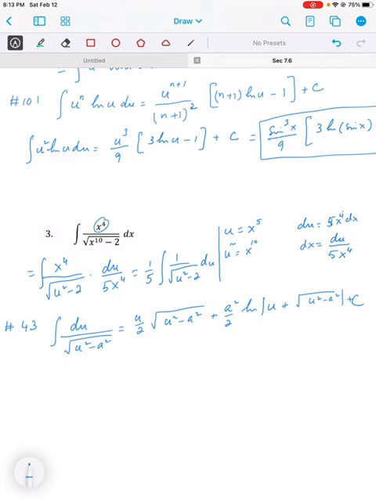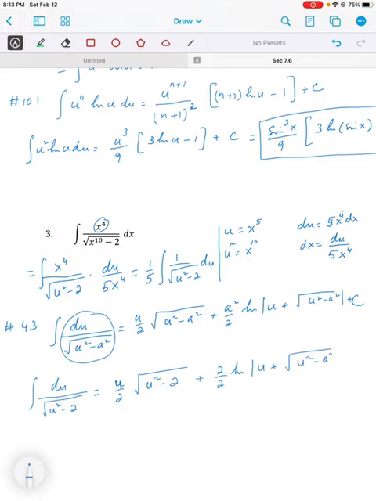So in our case, instead of a squared we have 2. So u squared minus 2 will be u over 2 times square root of u squared minus a squared, which is 2, plus a squared, which is 2, so 2 over 2 ln of u plus square root of u squared minus a squared plus c.